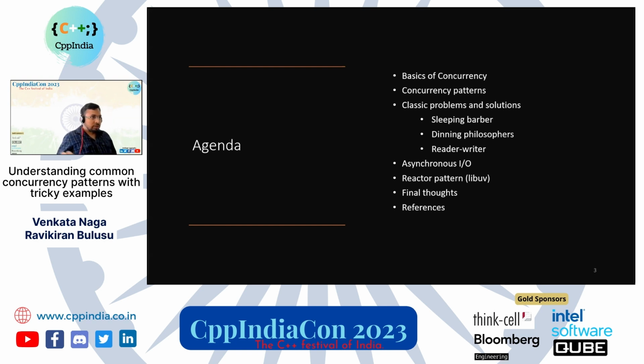Today we are going to see a little bit about concurrency, how it is from the definition part, and then some classic problems and their solutions, solving them using C++17 and 20 with different kinds of combinations. We have the asynchronous way of doing it, the synchronous way, and normal threads, and how they work.